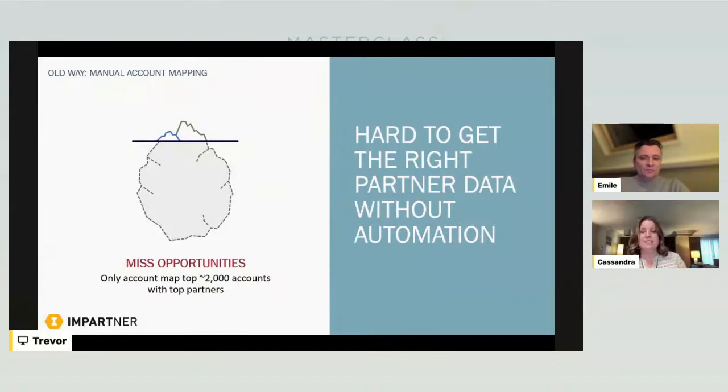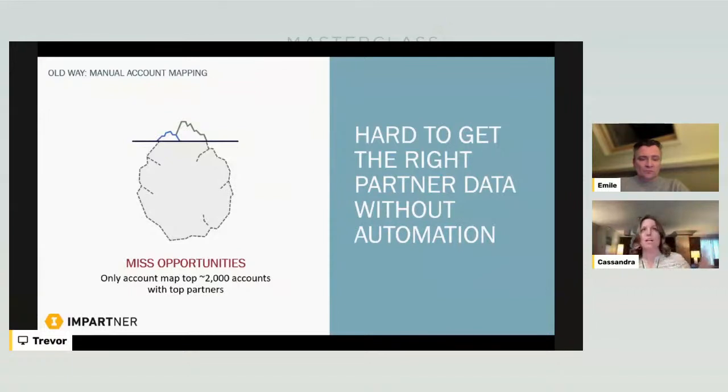But the reality is that without automation, it's not possible to really map more than 100 accounts with each partner. So this manual process of emailing around account lists and trying to identify the best targets, it's really time consuming. It's so frustrating because once you do the exercise, the data is out of date.